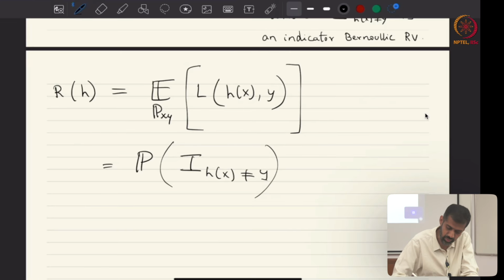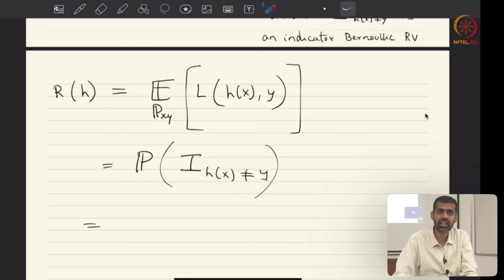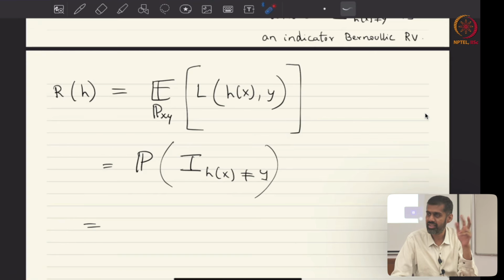So let's write that. So what is this equal to? This probability can be split into, so this event, the event of h of x not being equal to y, can happen in two ways. One, when the true class is 1 and the classifier predicts it as 0, and the other way. Okay, let's write that.